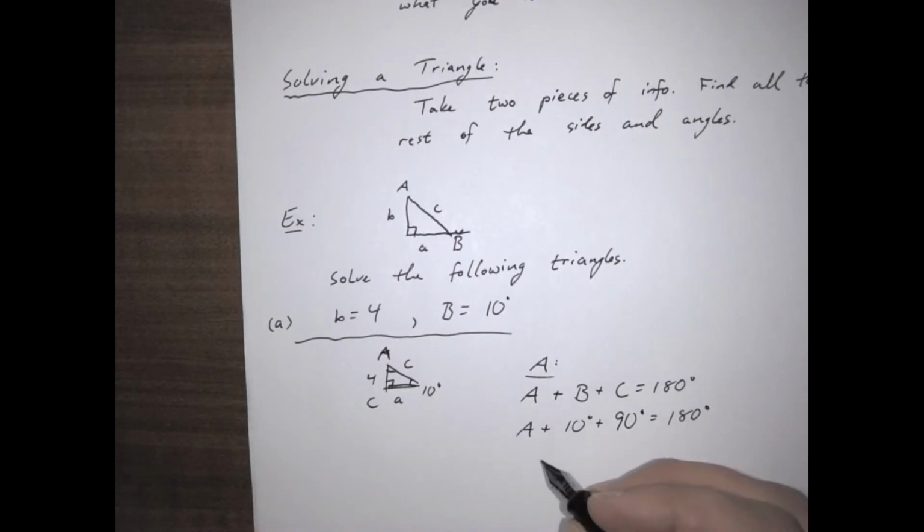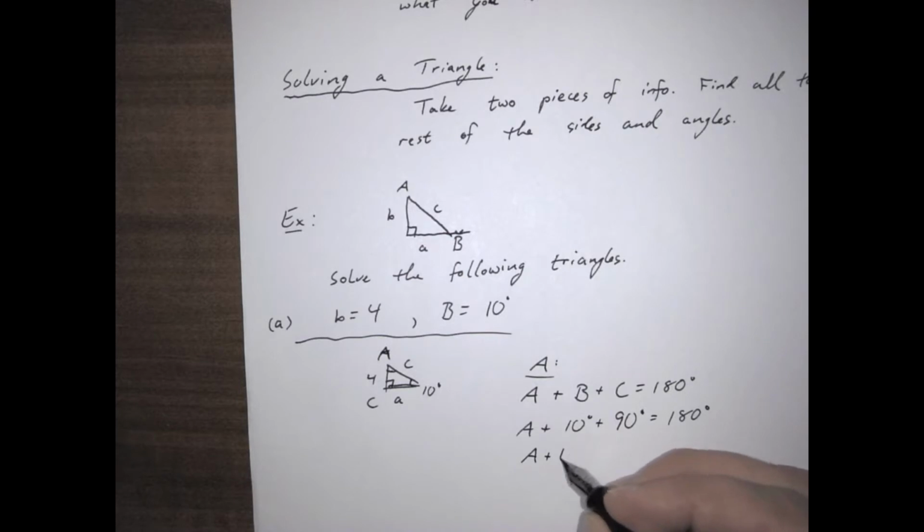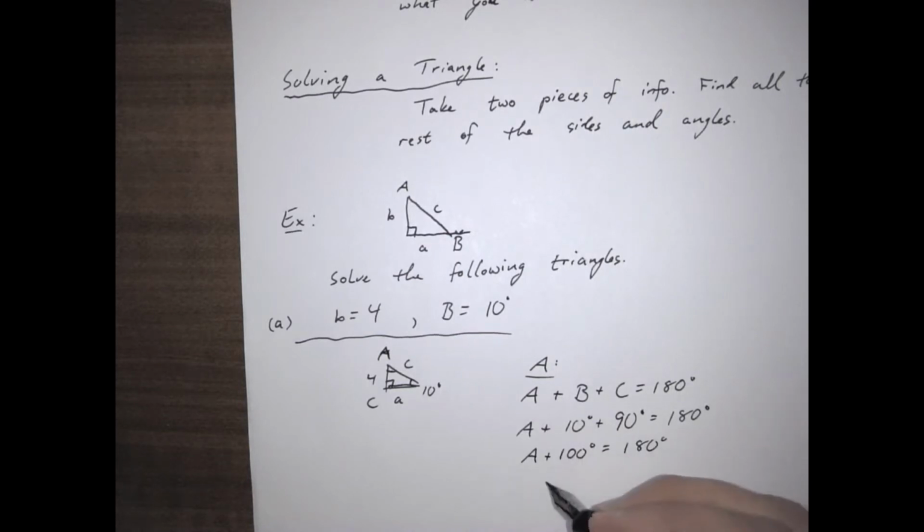And so that means A plus 100 equals 180, meaning A must be 80 degrees.